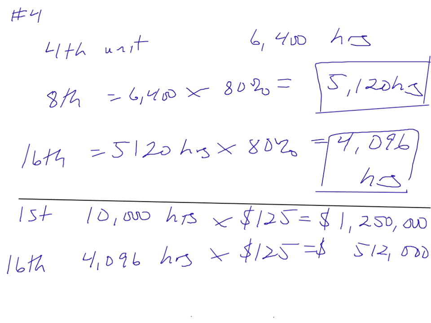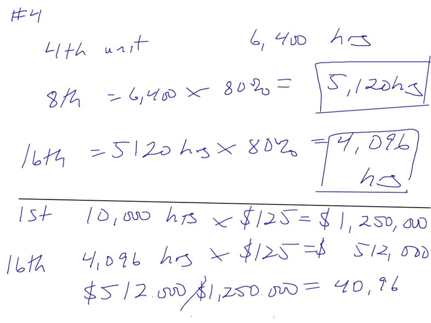So to calculate the percentage of the 16th over the 1st, you just do $512,000 divided by $1,250,000, and you get 40.96%. So answer to B is what is the percentage of the cost of the 16th unit to the cost of the 1st unit, and that is 40.96%.